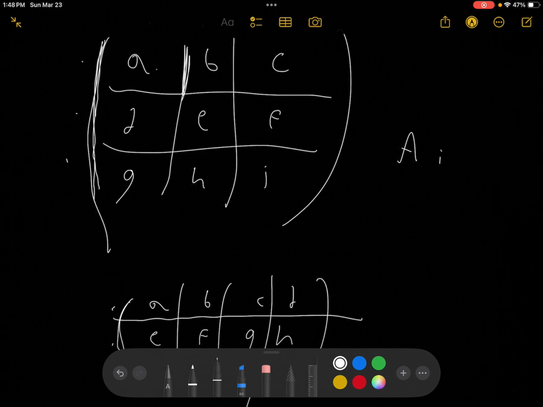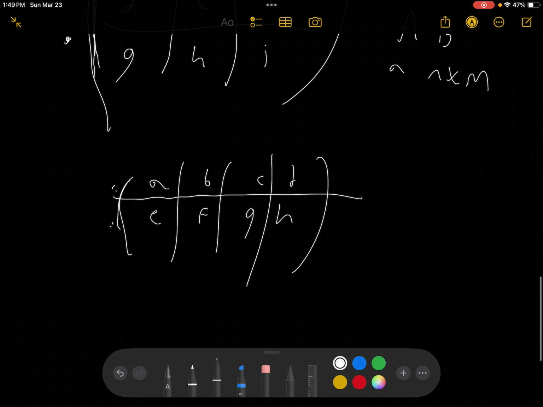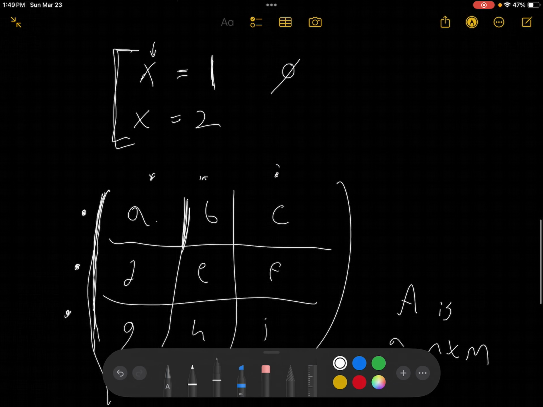And so when we say a matrix A is an n by m matrix, what that means is A is a matrix where it has n rows and m columns. So this matrix here is a 3 by 3 matrix, and this one is a 2 by 4 matrix.